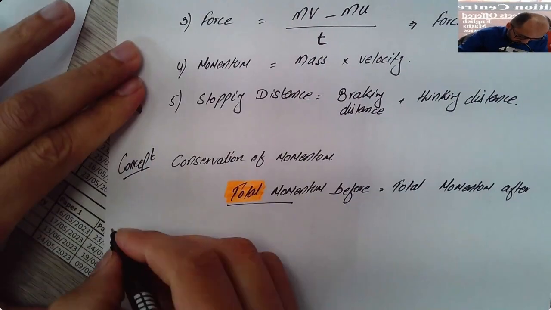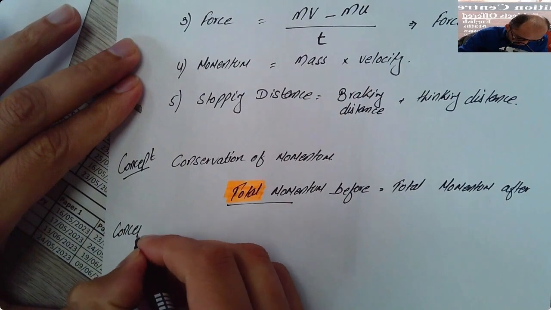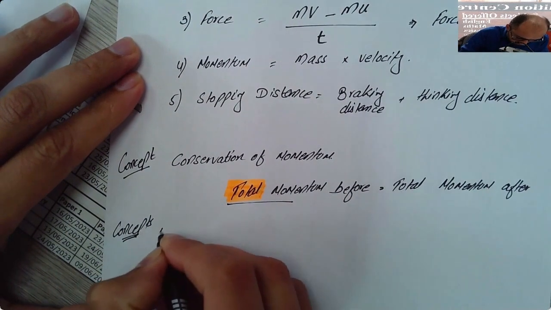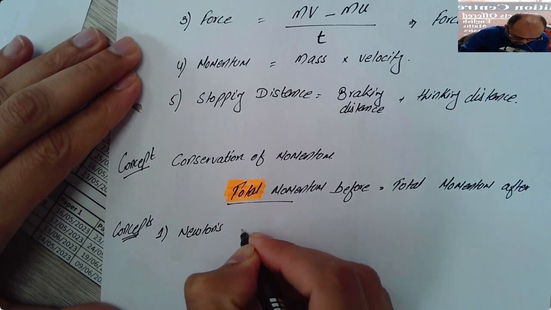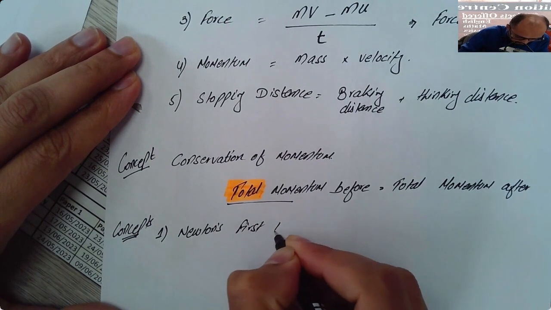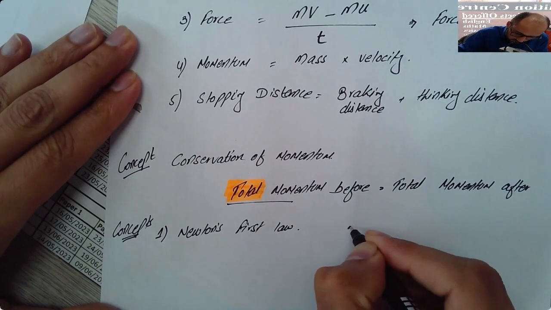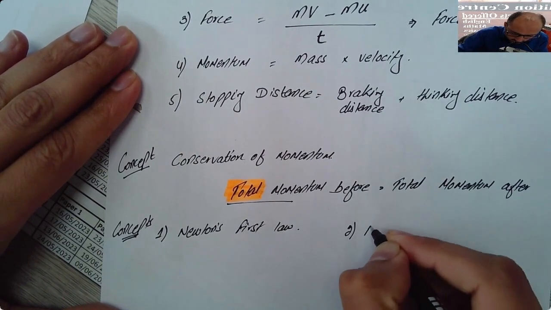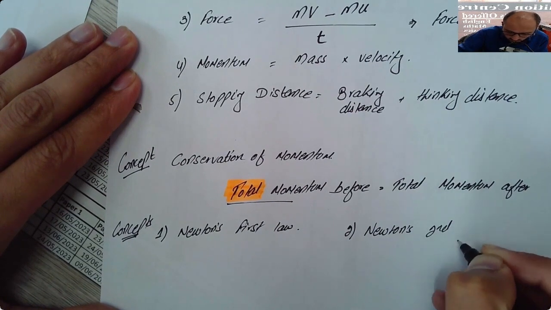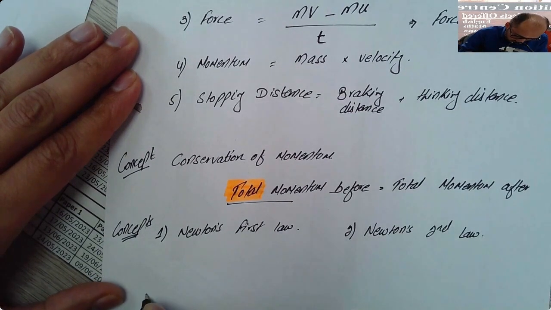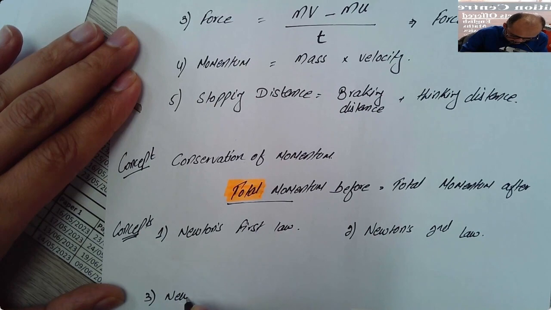Then there are three more concepts that you need to know. One is Newton's first law. Second one is Newton's second law. And the third bit is Newton's third law.